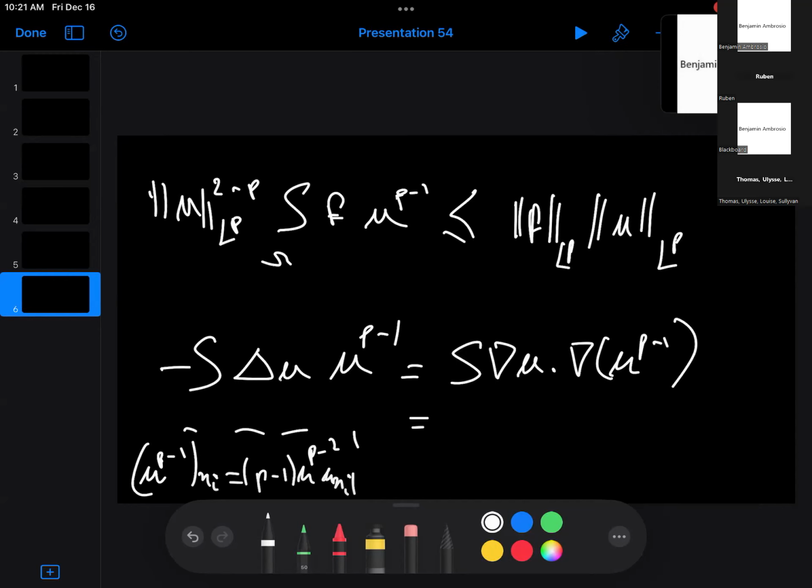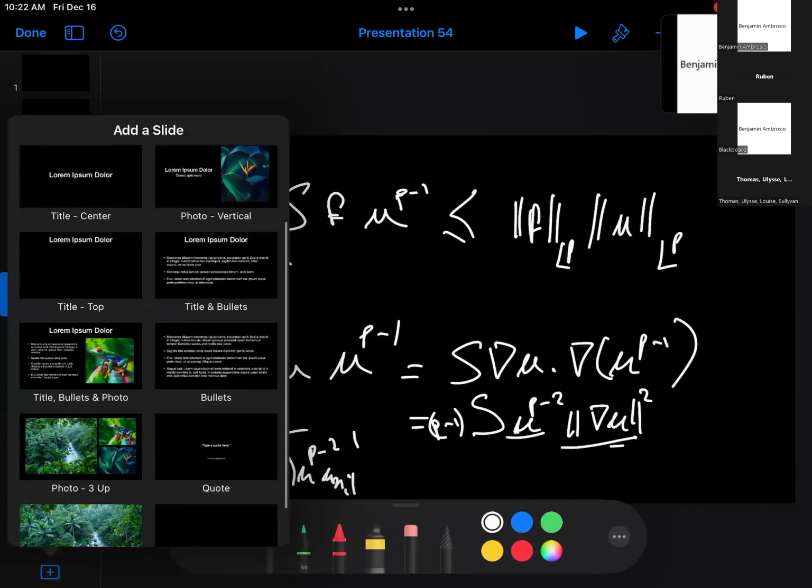So this will be the integral of P minus 1 times U^(P minus 2) times the norm of the gradient squared. Since U is positive, this is positive. So what do I get at the end?